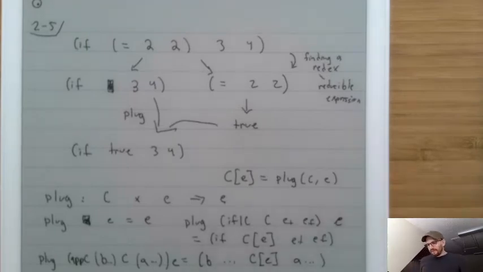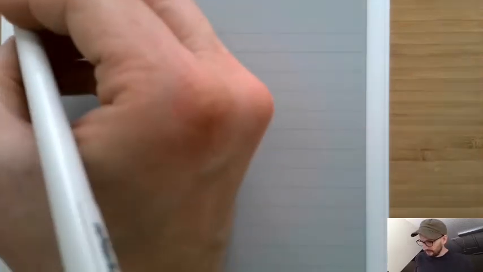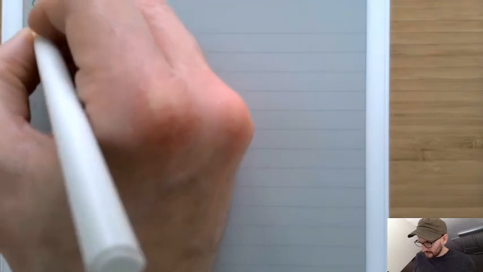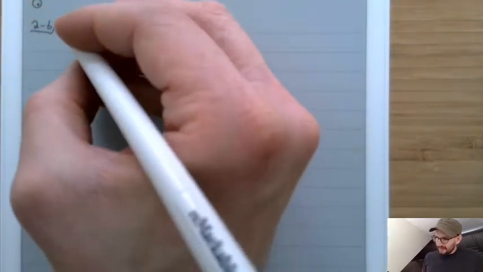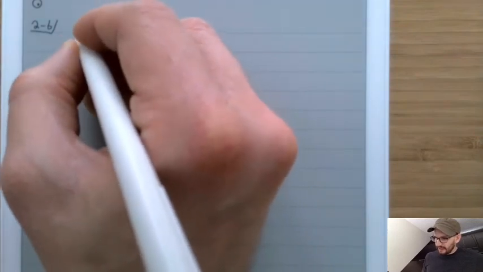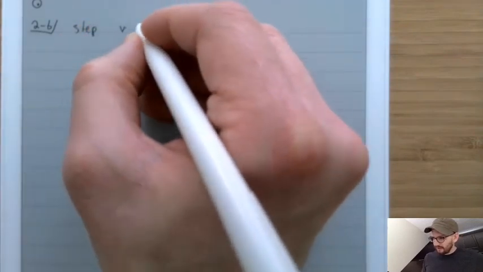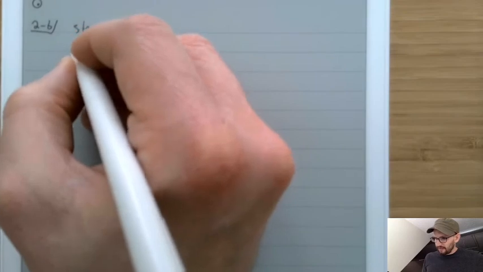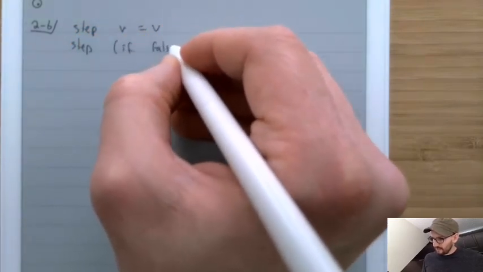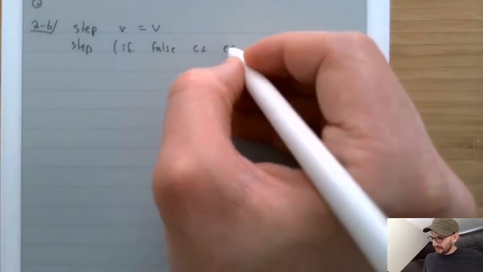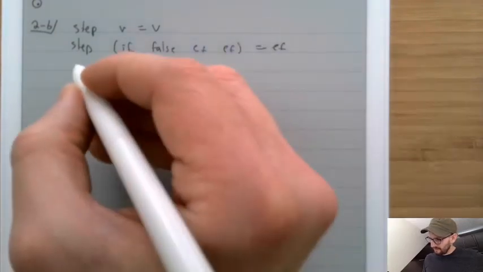So now the value of this is that we can specify our rules, our congruence rules, in a more convenient fashion. We can write them down like this. We can say that if you step on a V, you get back the V. If you step on if false ET EF, you get back EF.